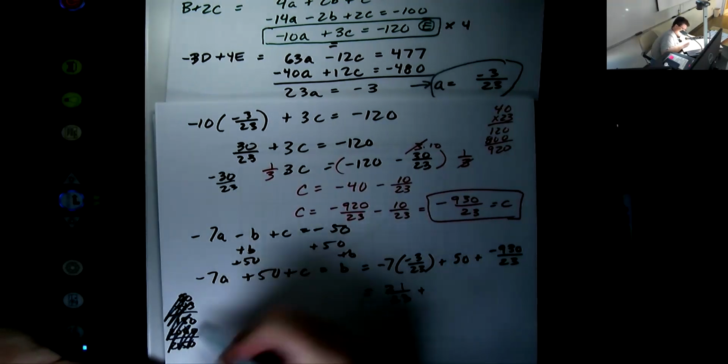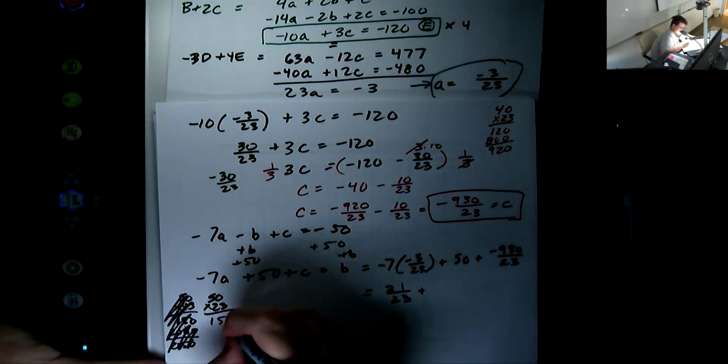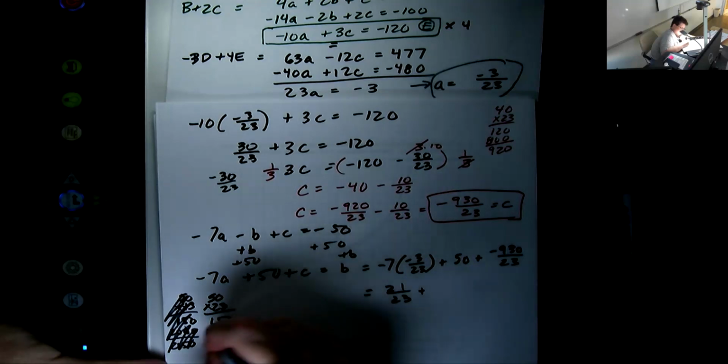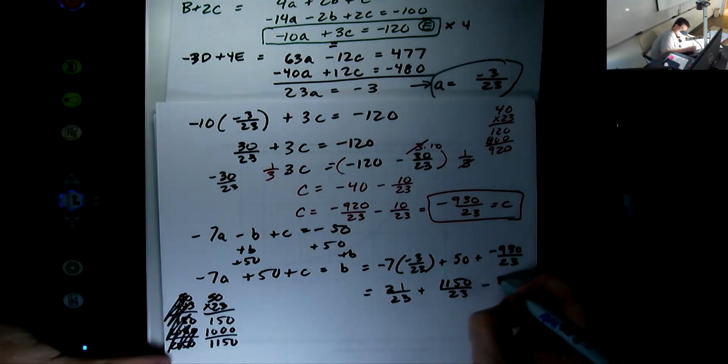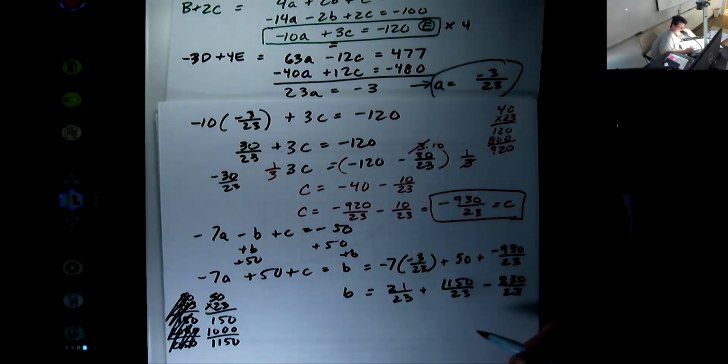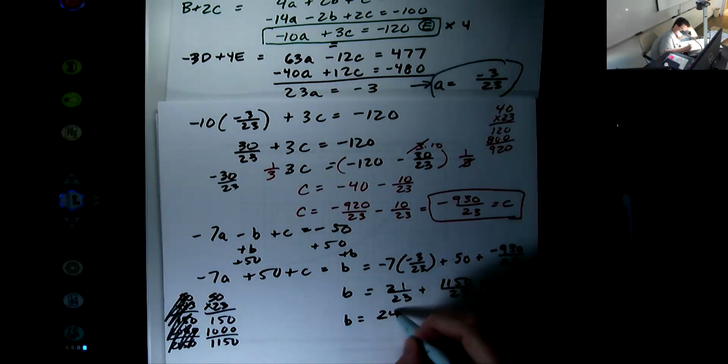That's why, it's 50 times 23. Wrote the wrong number. 1150. So if we combine these all up, let's see, we got 70, 170, 220 plus 40, 21 is 241 over 23.